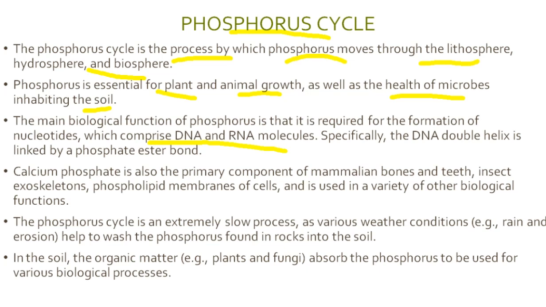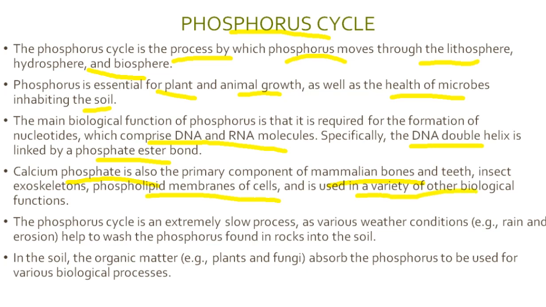Specifically, the DNA double helix is linked by a phosphate ester bond. Calcium phosphate is also the primary component of mammalian bones and teeth, insect exoskeletons, phospholipid membranes of cells, and is used in a variety of other biological functions.